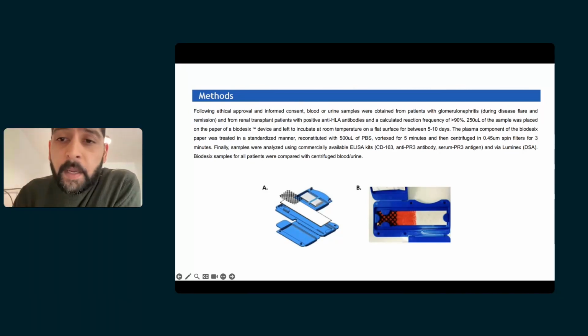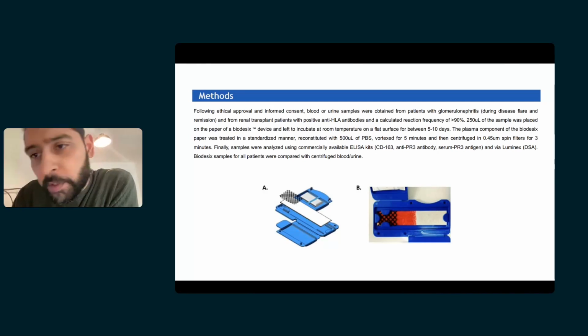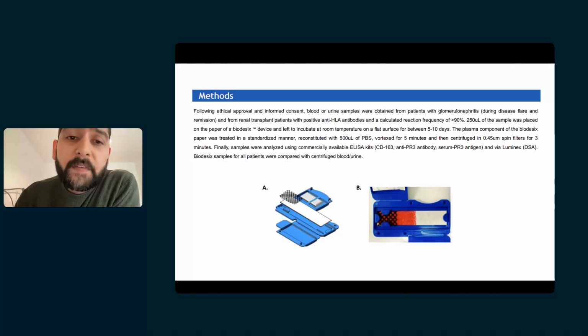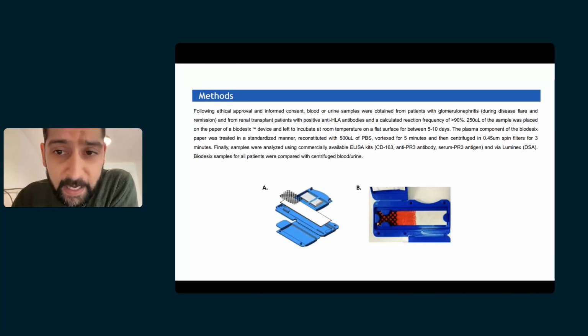Once it had been incubated at room temperature on a flat surface for about 5 to 10 days, the latter half, the non-cellular bit, was treated in a standardized manner: reconstituted with 500 microliters of PBS, vortexed, centrifuged for 3 minutes, and the material left behind was analyzed using commercially available ELISA kits.